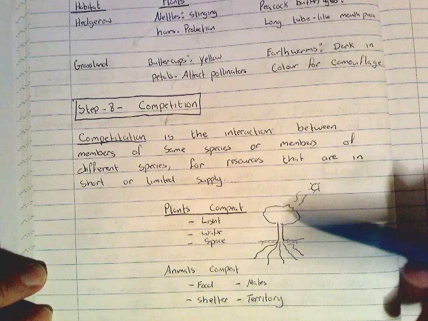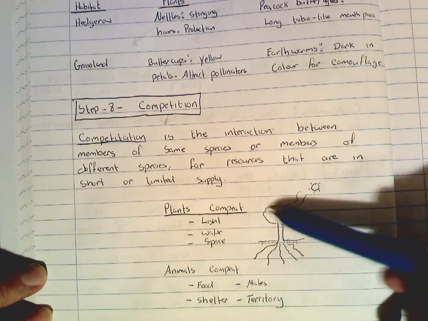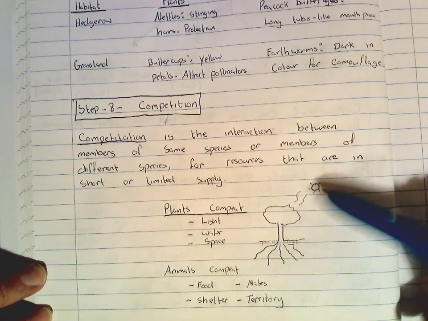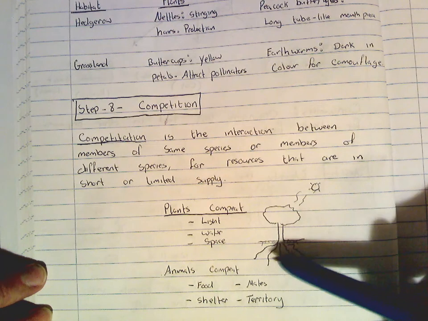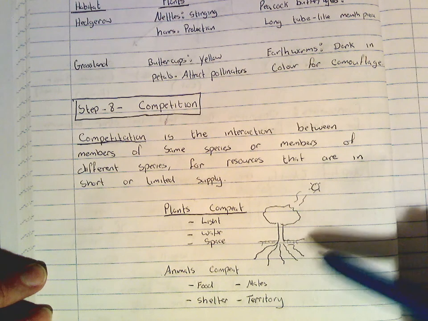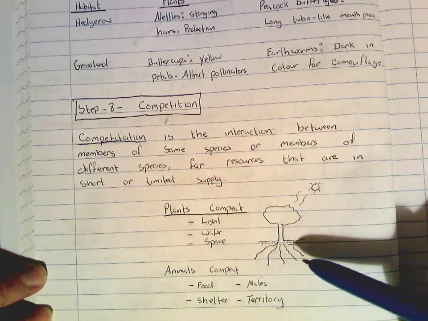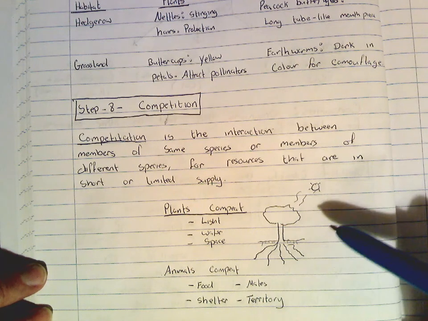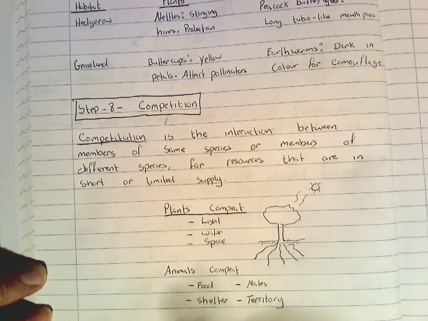They might grow bigger than other plants, have bigger canopies to take up more sun, or have bigger, more complicated root structures that let them reach limited resources before other organisms can. Animals compete for food, mates, shelter, and territory, and we looked at the example of the grey squirrel and the red squirrel in Ireland.